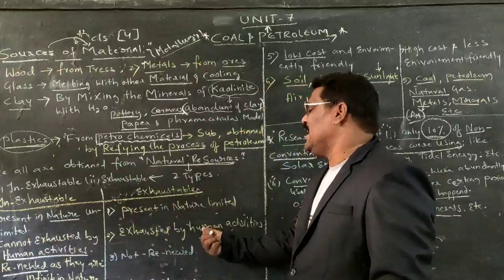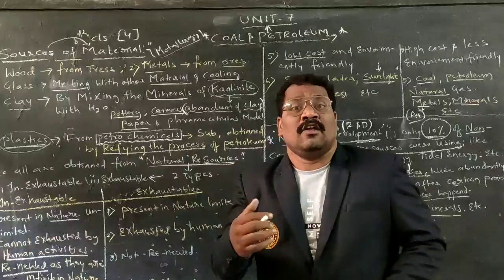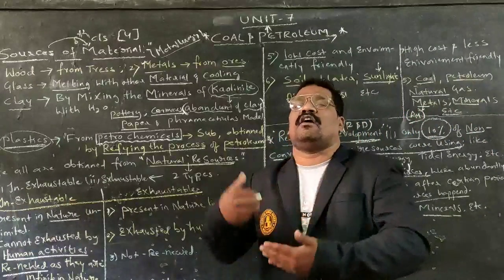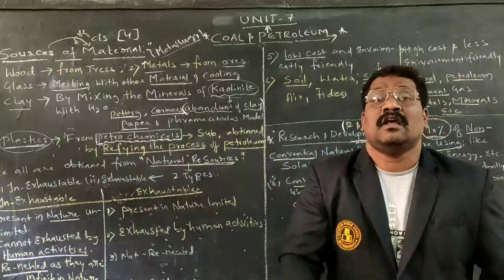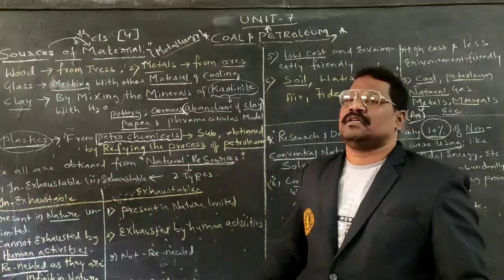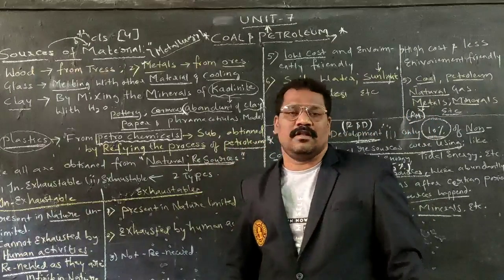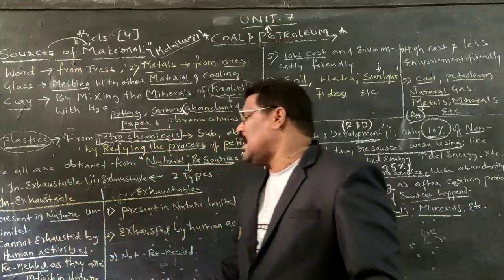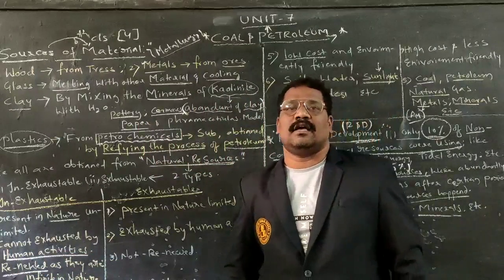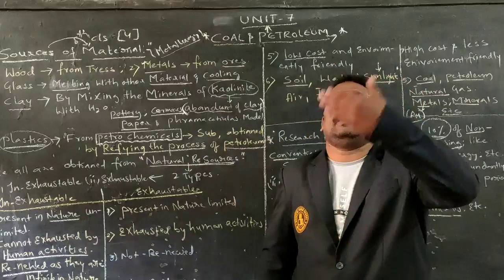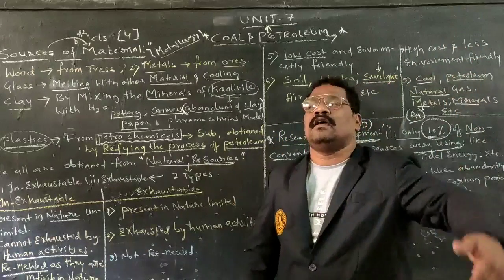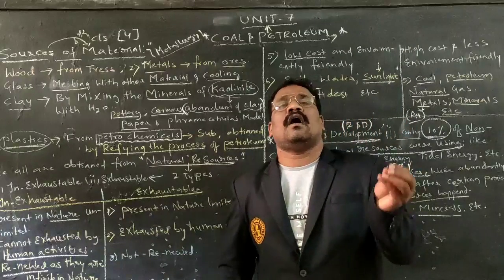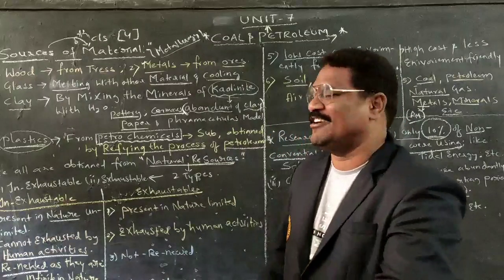But whereas exhaustible resources, as human activities are increasing day by day and the utility of exhaustible natural resources is increasing, can get exhausted. Third point is renewal: inexhaustible resources can be renewed as they are infinite in nature, but exhaustible resources cannot be renewed as they are limited in nature.